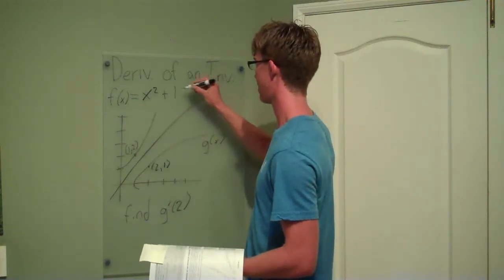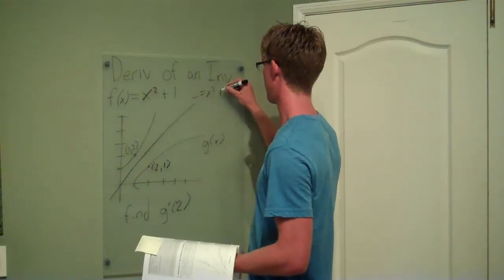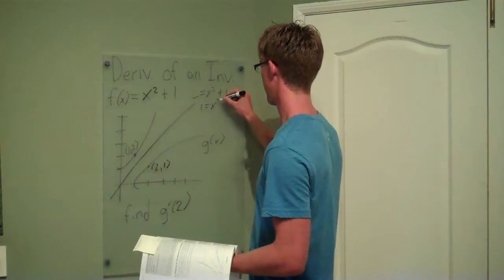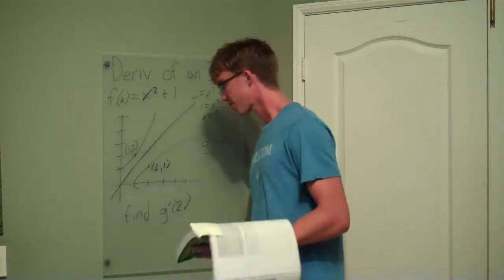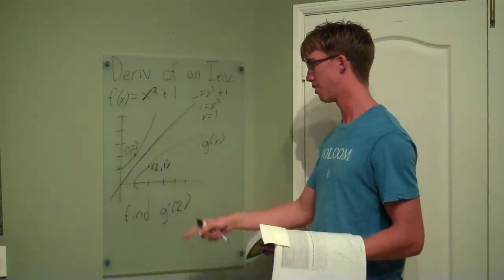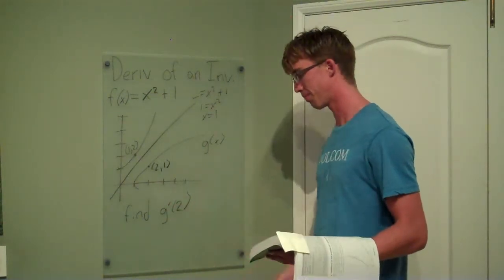And so you set f of x equal to 2, which is x squared plus 1. And solving, you get x is equal to 1. And so there you have it. So you're going to use that point, 1, 2, to find the derivative of g at 2.